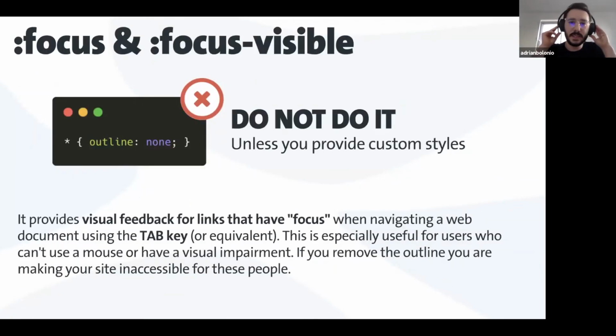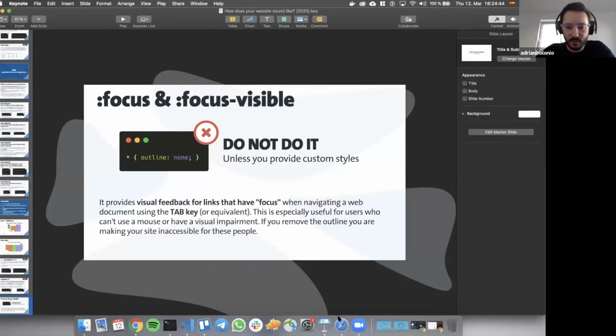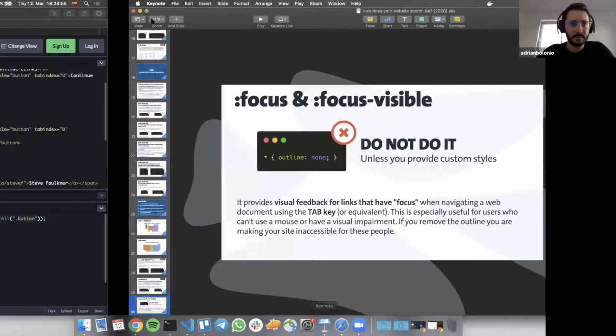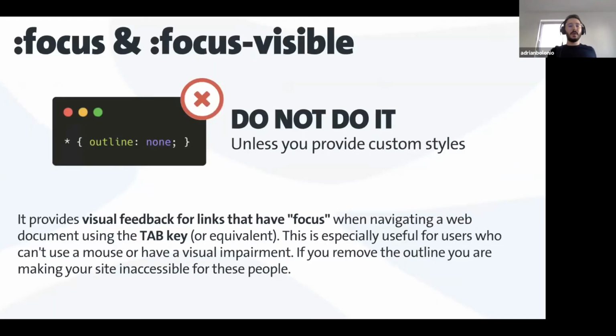Focus and focus visible. Maybe I can show you again, so you see this square when I hover, when I tab. This is the focus of the button. Sometimes your designer will tell you, oh, this outline around the inputs, buttons, or links doesn't really fit with our corporate image.